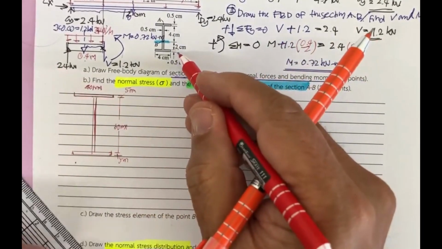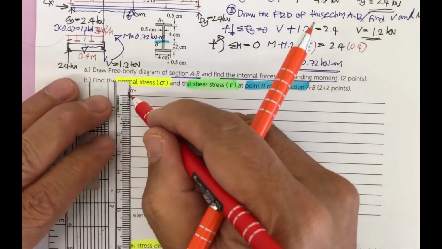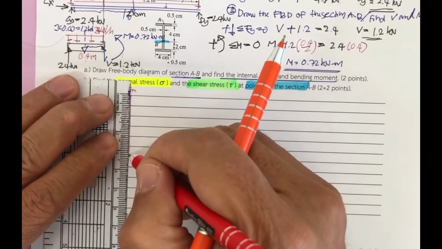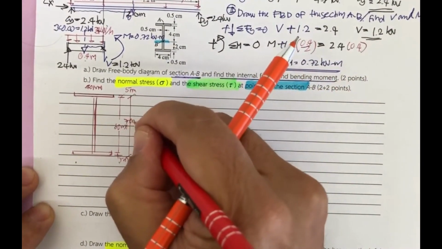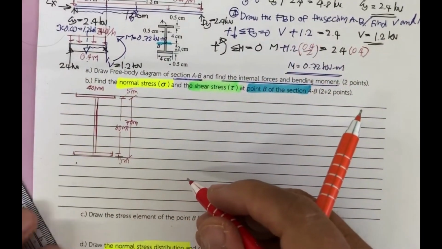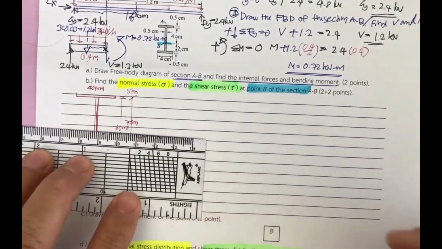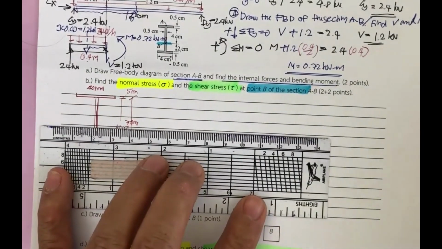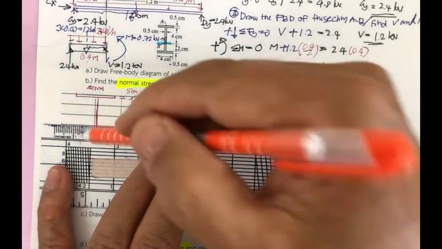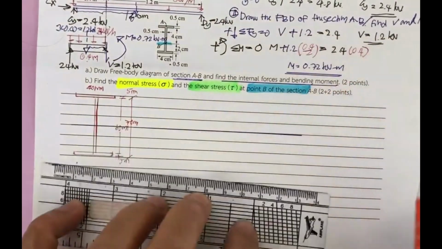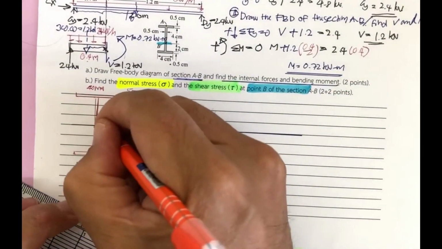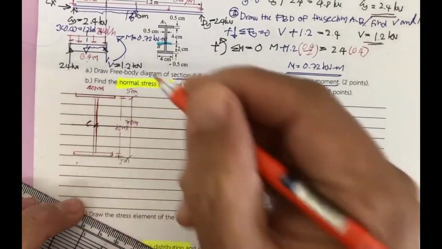Okay, this is half, and the total length is going to be 70 millimeter. We can see this is the middle part, the neutral axis of our section, and this is going to be the centroid of the section.